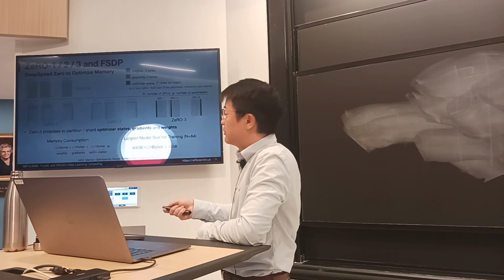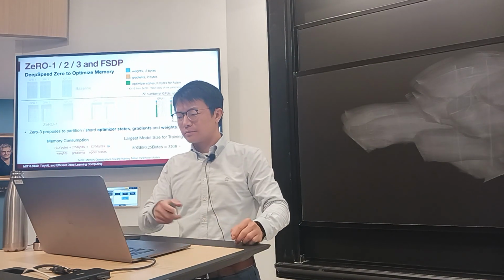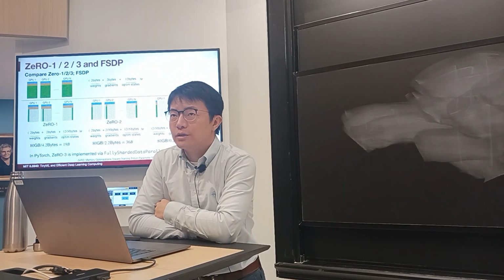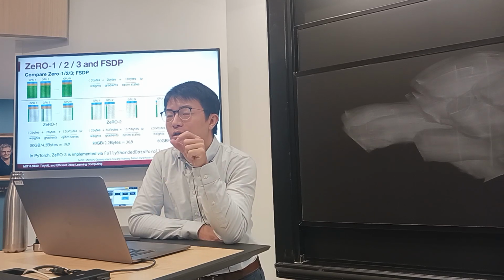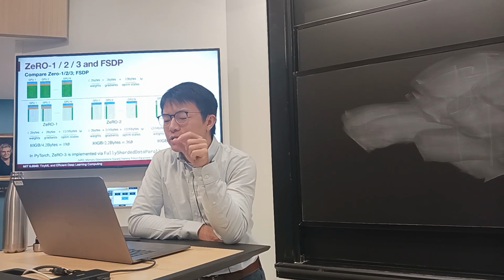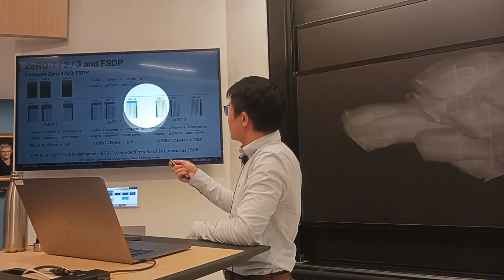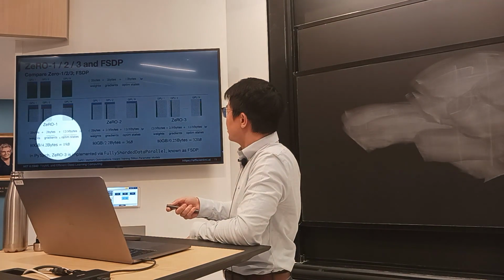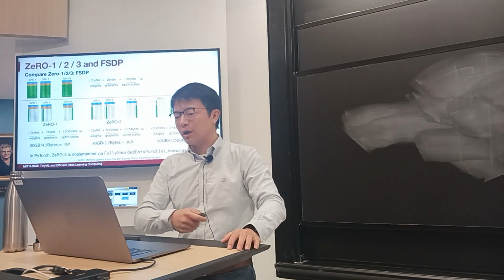For 80 gigabytes of memory, you can now fit 320 billion parameters. So that's a lot larger. So this is the widely used approach to train these large language models. Okay, so we shard the optimizer state, shard the gradient, and also shard the weight across the GPUs, so we can increase the trainable parameters from just maybe 5 billion all the way to 300 billion parameters.